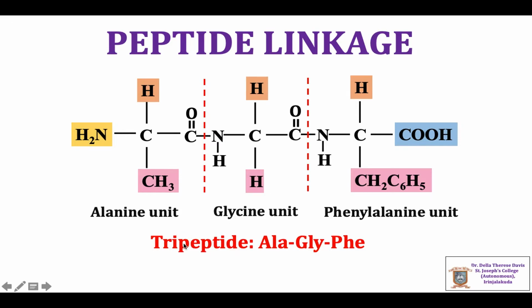And finally we get the tripeptide ala-gly-phe. The first one is alanine unit, second one is glycine unit, and the third one is phenylalanine unit.